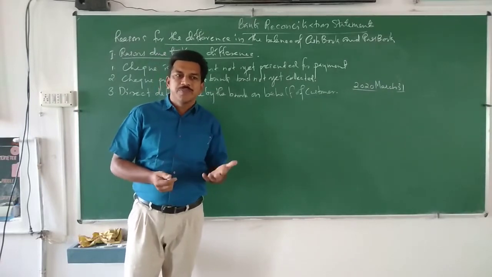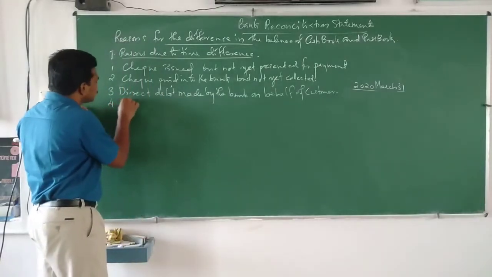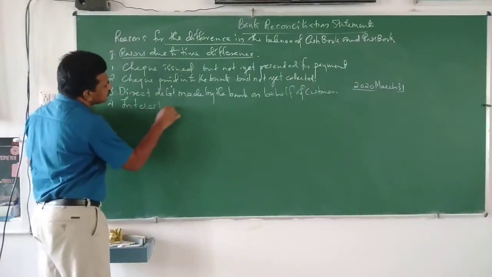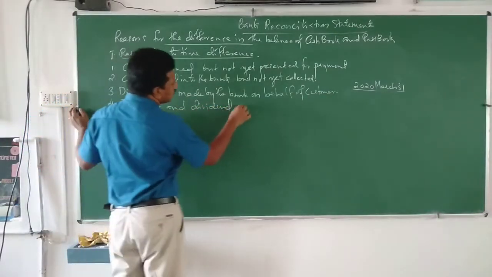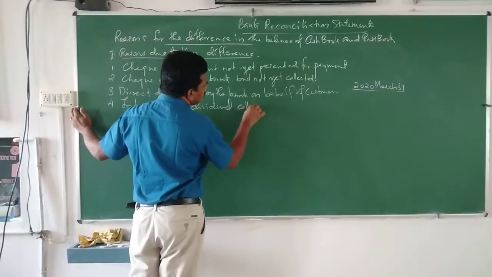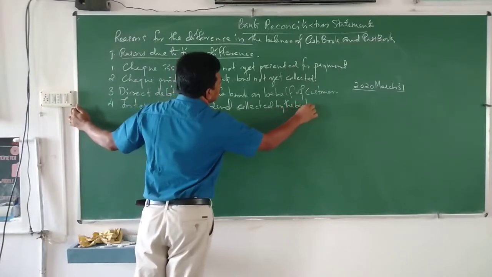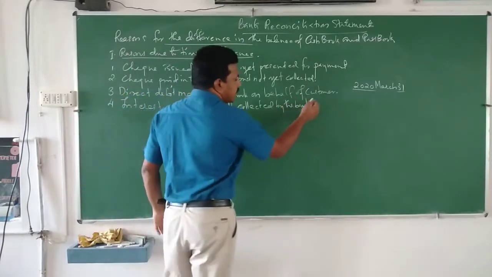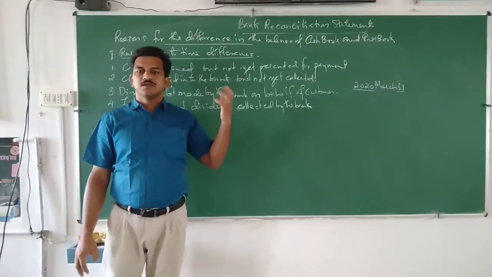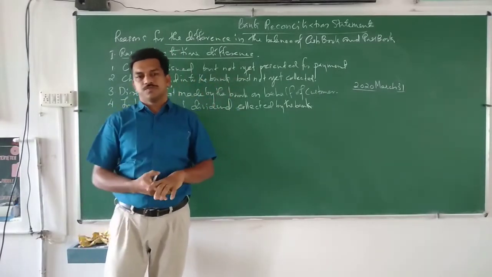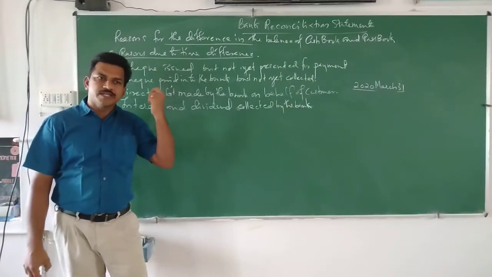Then another one, interest and dividend collected by the bank. The bank receives interest or dividend and credits that into our account. Suppose we have made an investment and that investment gets interest.